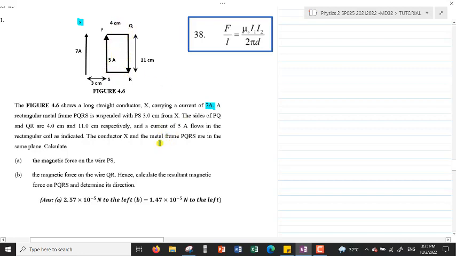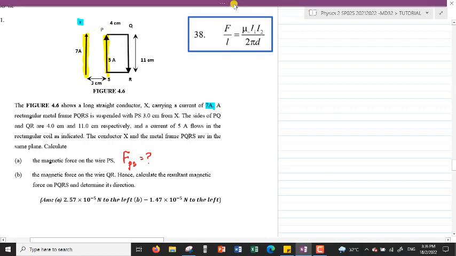Alright, so the conductor X and the rectangular coil are in the same plane. So question A, determine the magnetic force on the wire PS. So we want to find the force acting on wire PS. So class, refer to the diagram given, we can see that wire PS will form a pair of wires with wire X, whereby both parallel wires carry currents that flow in the same direction.